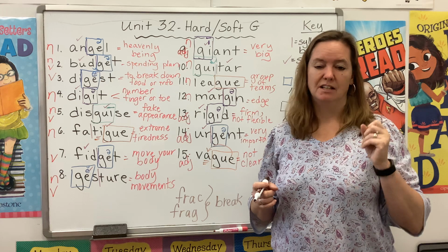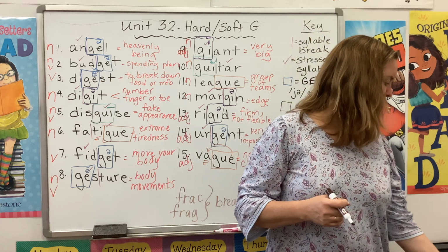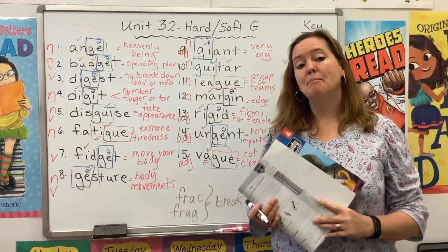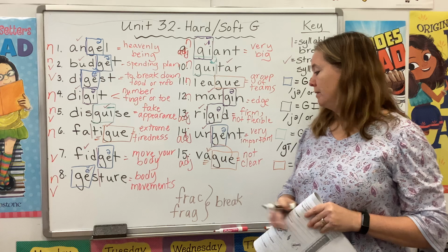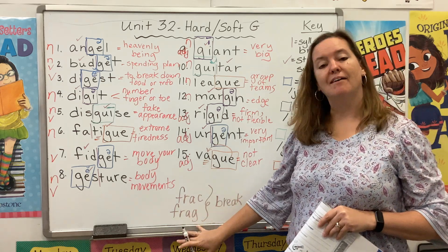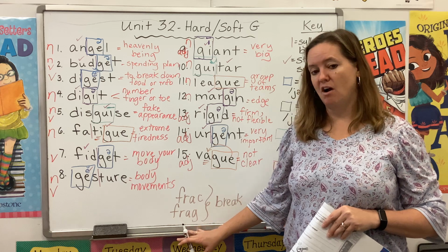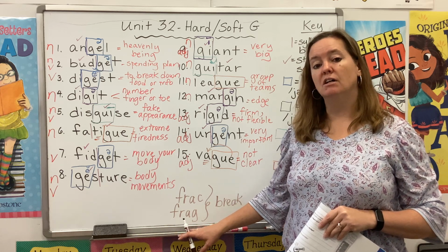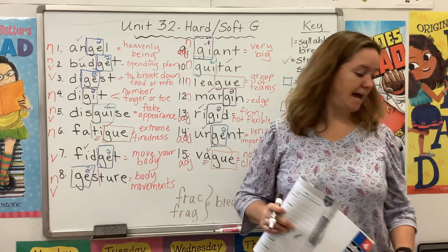A fragment is just a little piece of it. So we have fracture, we have fragment. If something's fragile, it breaks easily. Notice that this chunk can either have a hard G or a soft G. Fragment has a hard G, fragile has a soft G. It depends on the letter that comes next.